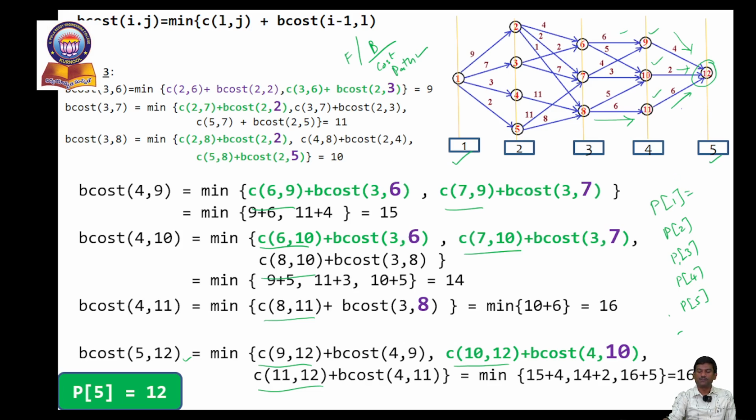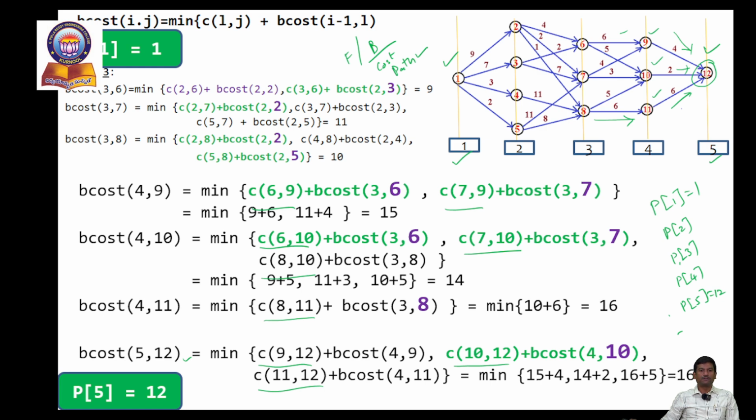So p of 1 is known because there is only one source vertex, equal to 1. P of 5 is also known because there is only one vertex present at the destination, the vertex equal to 12. So p of 1 equal to 1, and p of 5 equal to 12 are known.